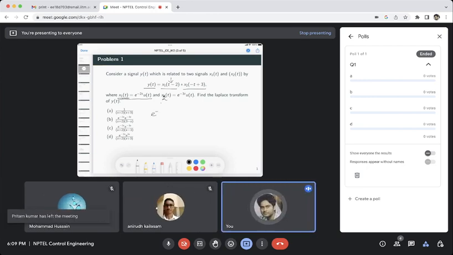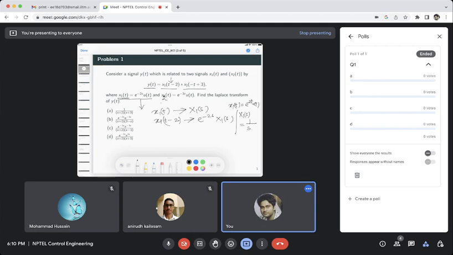If x1(t) has Laplace transform X1(s), then x1(t-2) has the shifted version, e to the power minus 2s times X1(s). Here x1(t) is given as e to the power minus 2t u(t), so X1(s) is 1 by s plus 2.